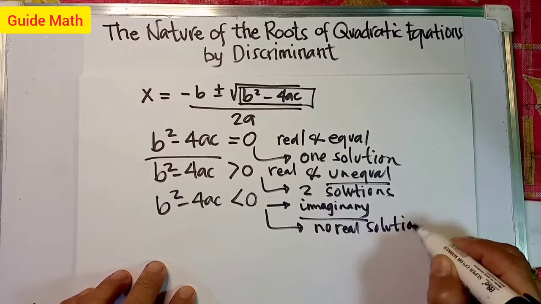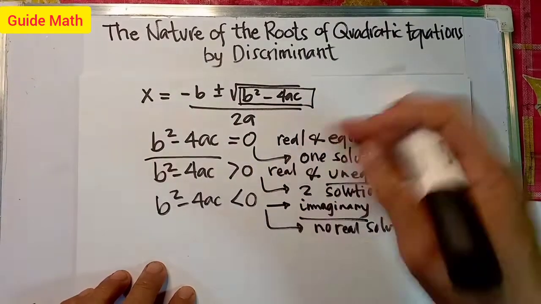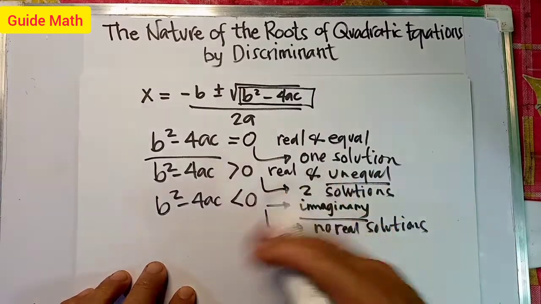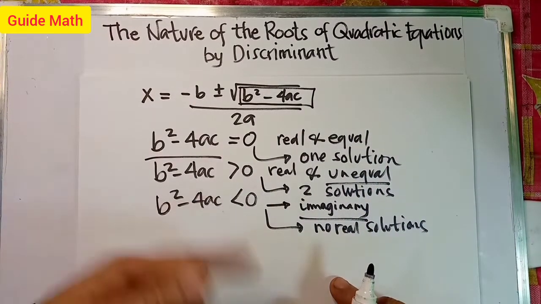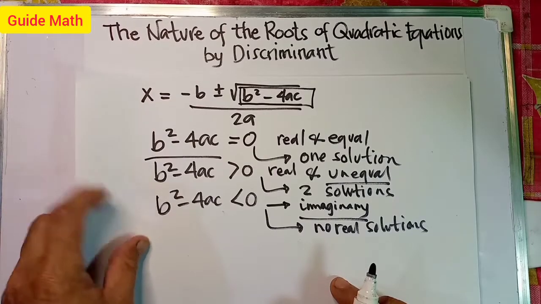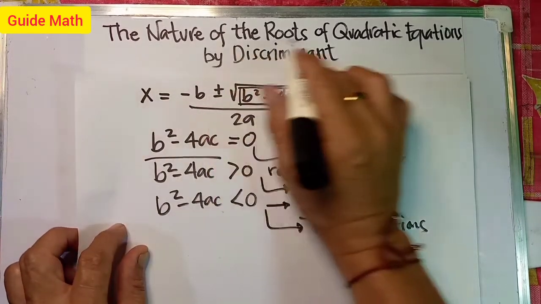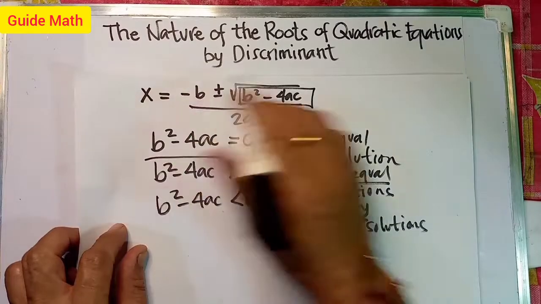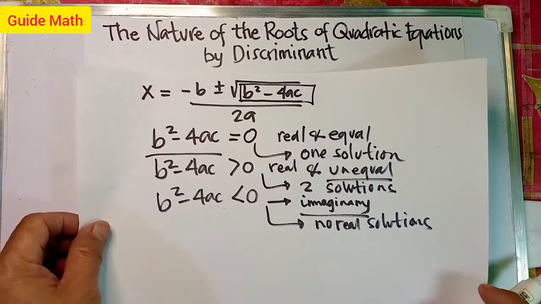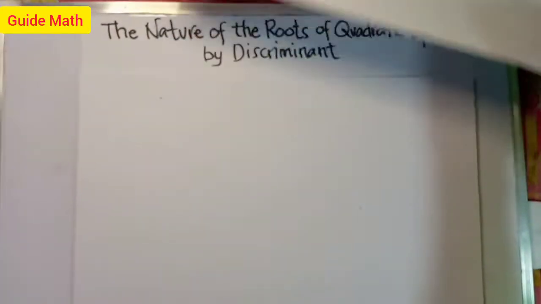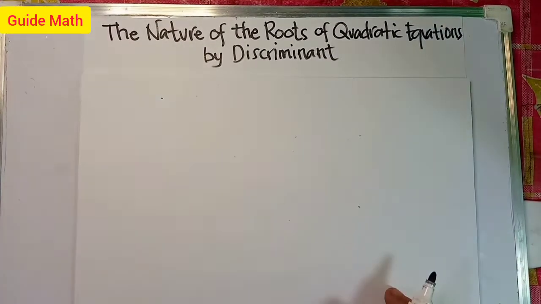Mamaya ipapakita ko sa inyo yung mga halimbawa or examples in order for us to determine the given quadratic equation by discriminant based on our indicators. Yung ating interpretation later on. Okay.